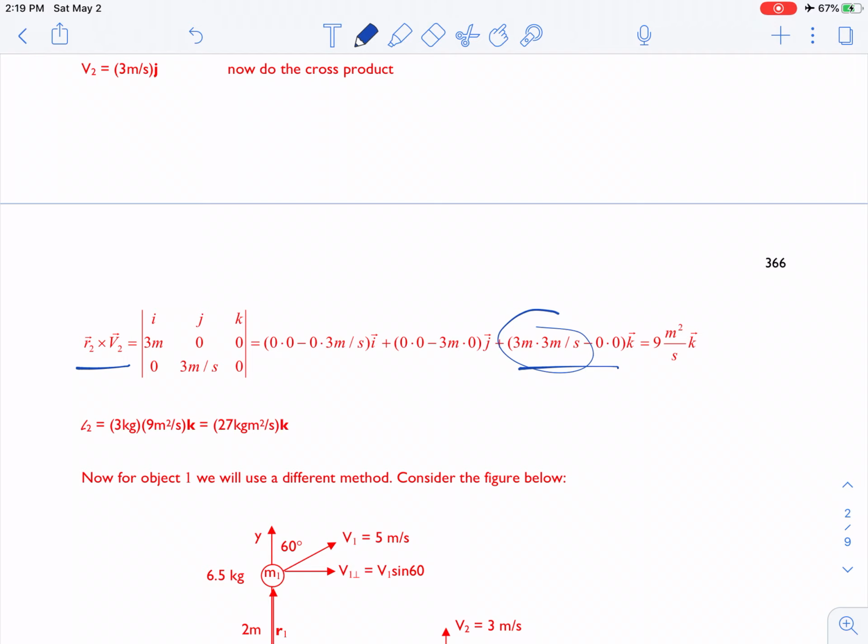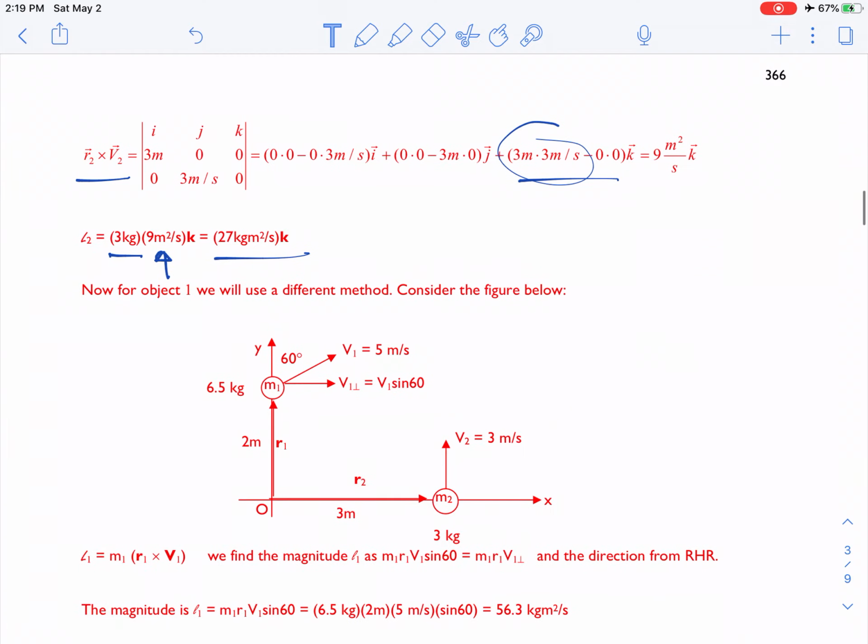So you also need to multiply by mass, because this was simply R cross V only, and that is what R cross V is. Multiply that by mass, then you're getting L2. And again, we already figured that out using the right hand rule. It was supposed to be along the positive k hat direction. For the next, we need to find L1 as well.